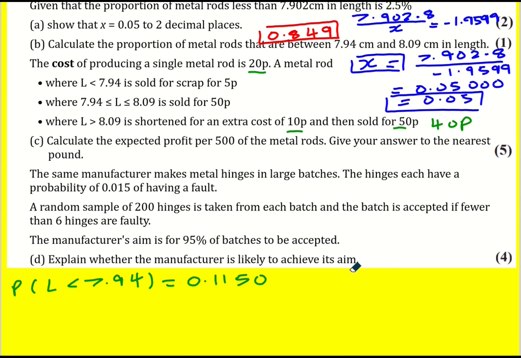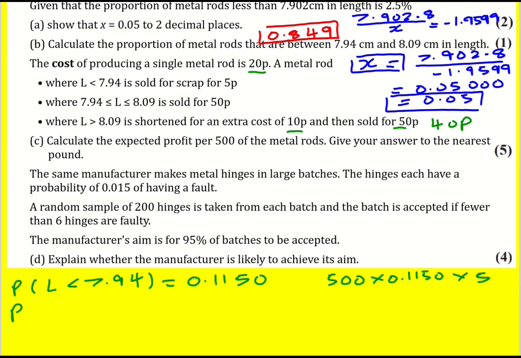So then if I want to work out how much money would be made, it would be 500 times that. And then I'd also multiply by the 5p that it's sold for. So this bit tells me how many I'd expect to have that are less than 7.94, and then I'm just timesing by the price we're selling it for.